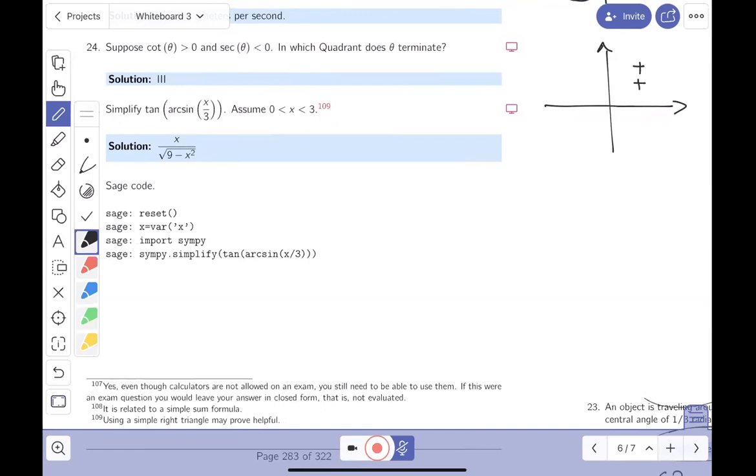That means there's another quadrant where the cotangent will be positive. The cotangent is not positive in the second quadrant. It's not positive in the fourth quadrant, but certainly the cotangent is positive here. Just make sure that the secant is negative in that quadrant, and it is. It's got to be the third quadrant. All right, feel good about that.